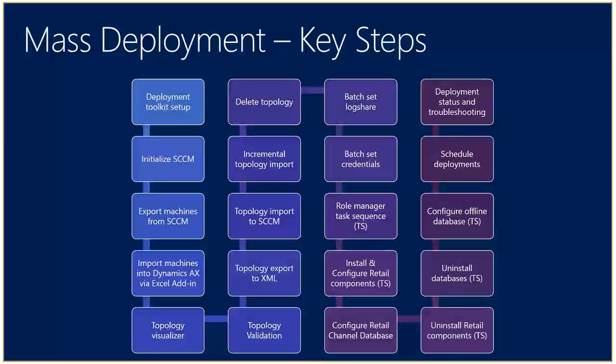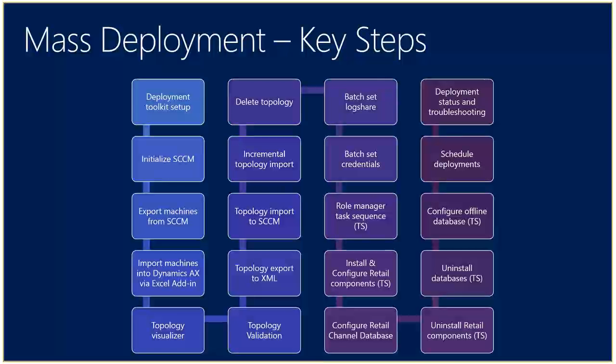Another thing we're going to look at is the task sequences for the role manager. Under the covers, how our mass deployment system works is that as part of the initialization of configuration manager, we create a task sequence called the role manager.